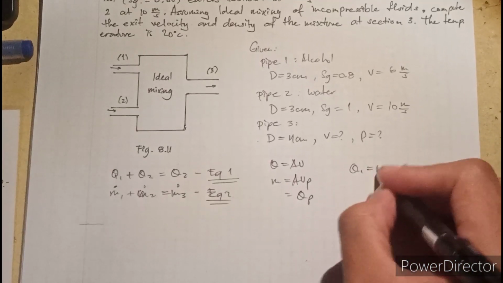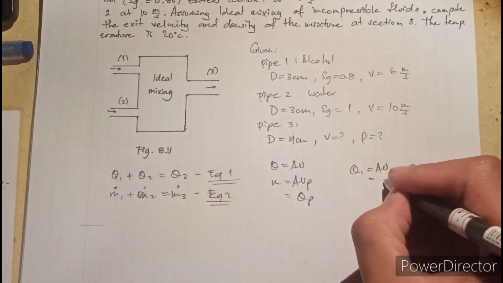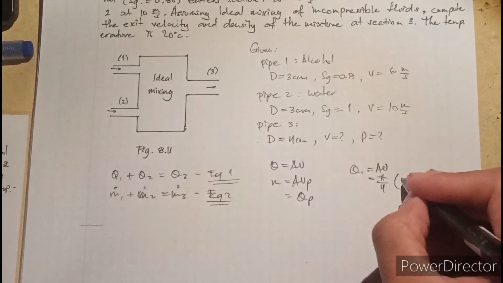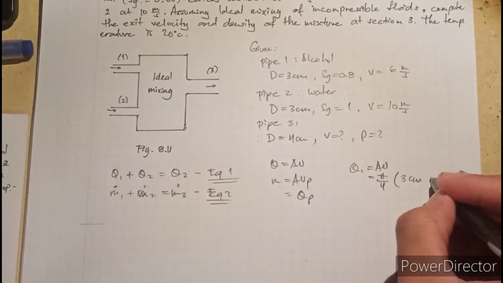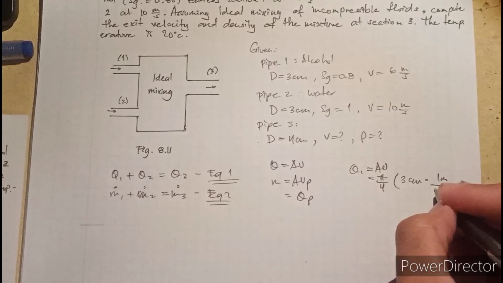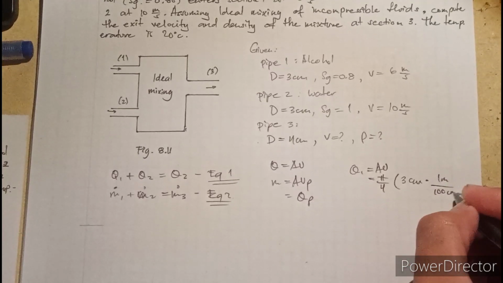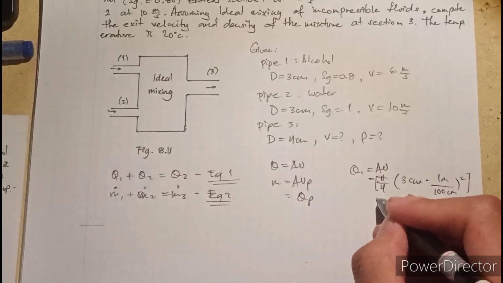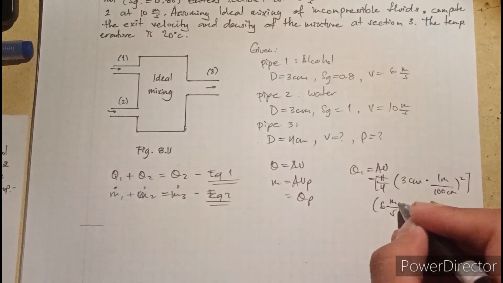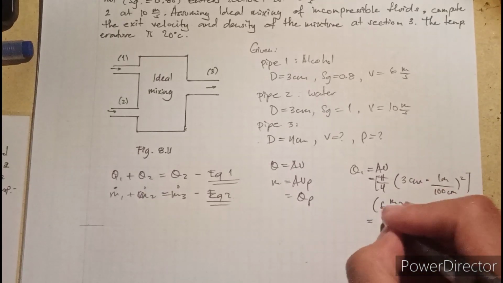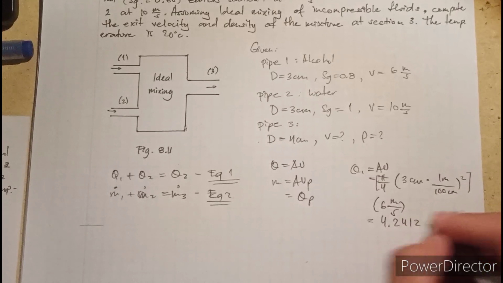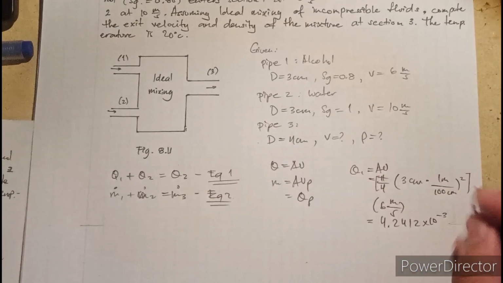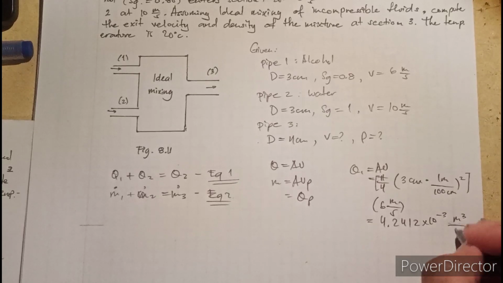Q1 is equal to AV, the area, which is pi over 4 times 3 centimeters converted into meters, 1 meter over 100 centimeters, squared. Multiply it by 6 meters per second, which leads to approximately 4.2412 times 10 raised to negative 3 cubic meters per second.